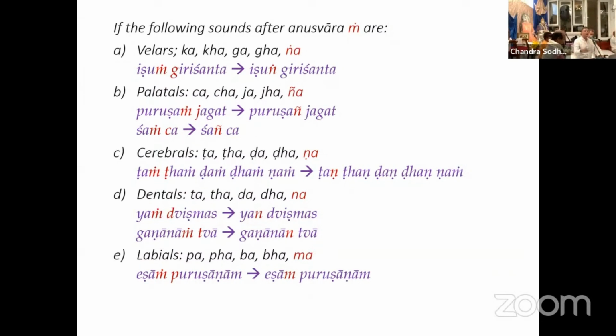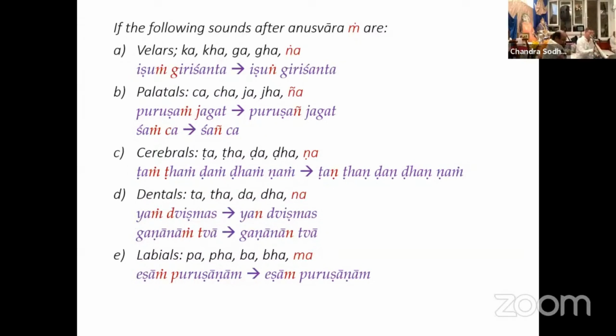To make it smoother, we change this anusvara into the nasal velar and just prepare our vocal apparatus to utter the velar which is following. That's why ishon girishanta. You see, we are just forming this with the base of the tongue touching the soft palate, to be able to pronounce the velar which follows.